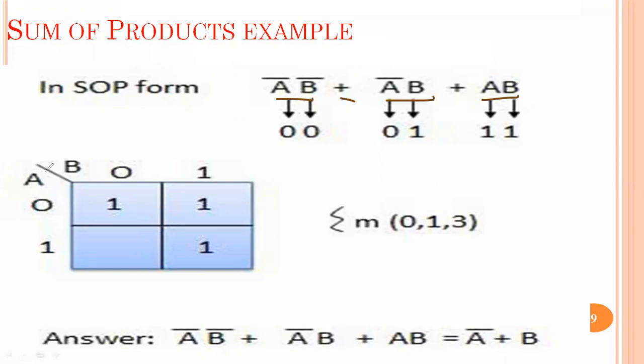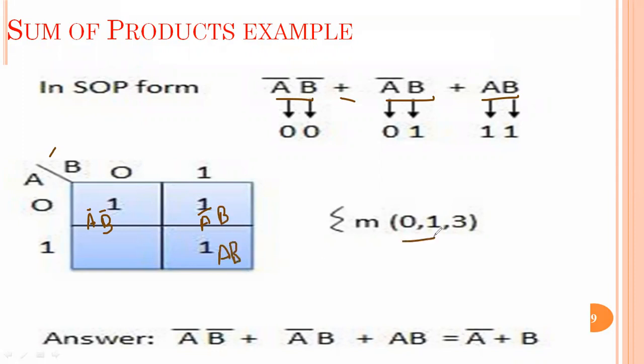By using this table, this is A bar B bar because these are different bars in it. This is A bar B, and this is AB.